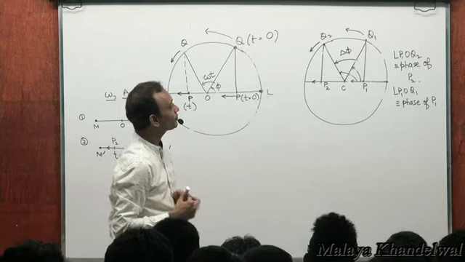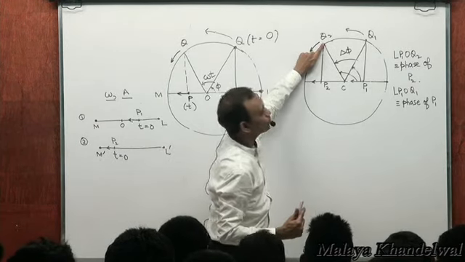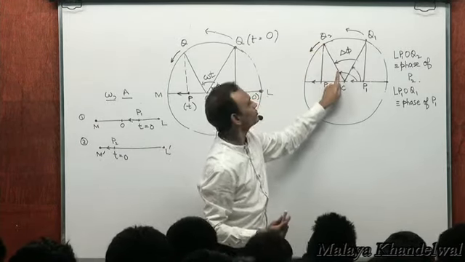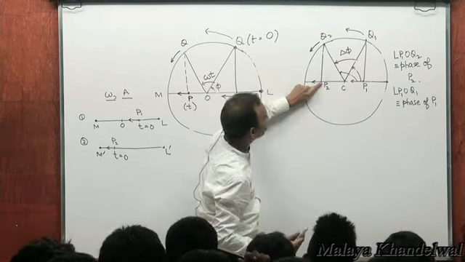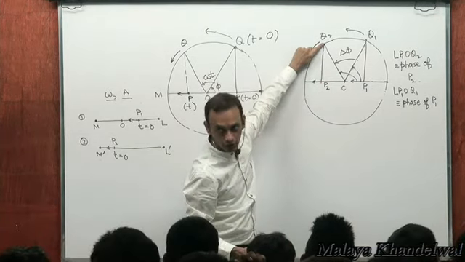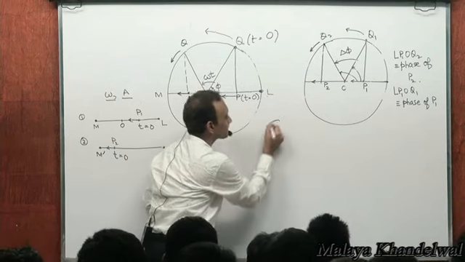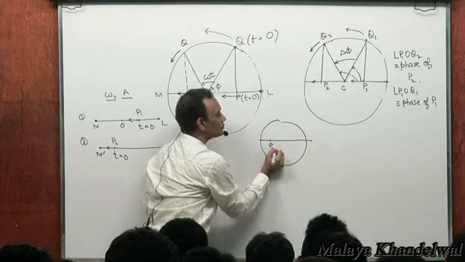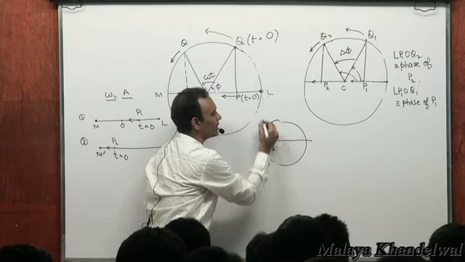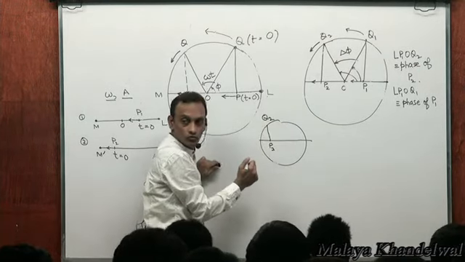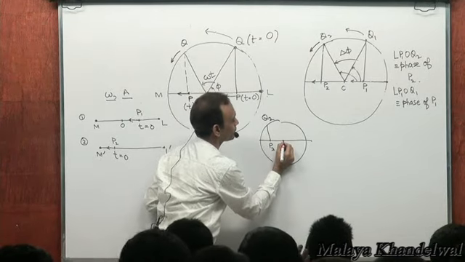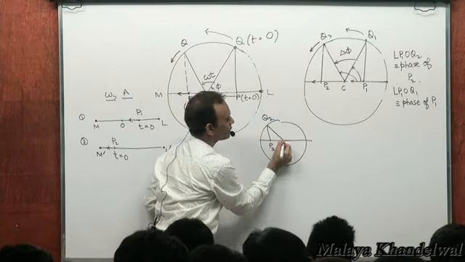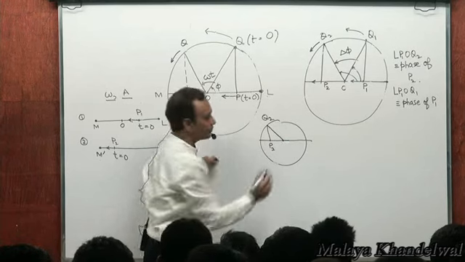P1OQ2 is the phase of P2, because for P2, I would look at the corresponding particle on the auxiliary circle. This is P2. Where is its auxiliary particle? Q2. This is the radius vector for Q2.